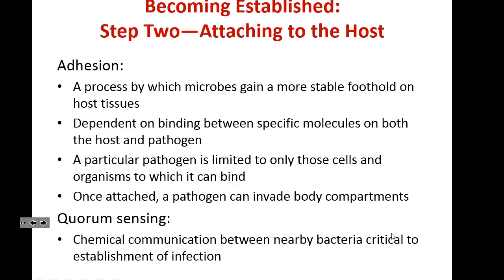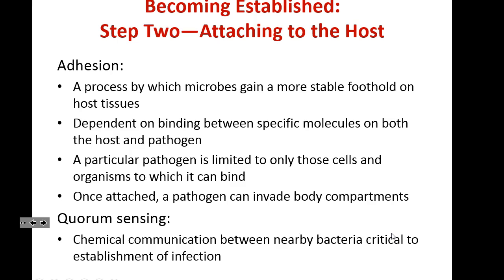So, step 2, after they have found a portal of entry, these little pathogenic microbes. What does pathogenic mean? Causes disease. Adhesion is a process by which microbes gain a more stable foothold on host tissues, depending on bindings between specific molecules on both the host and pathogen.